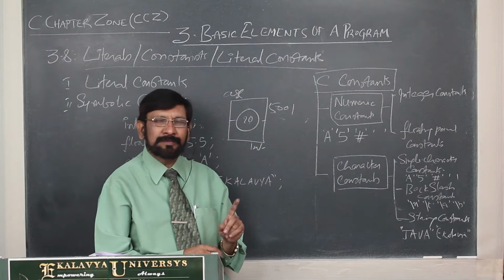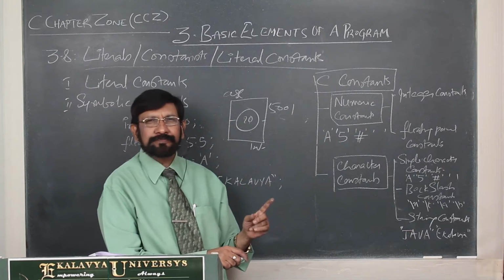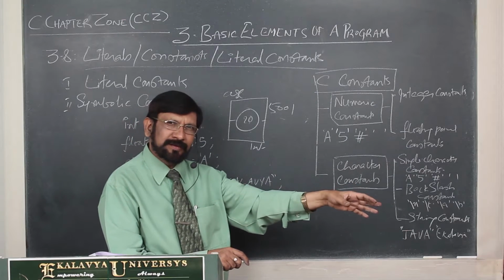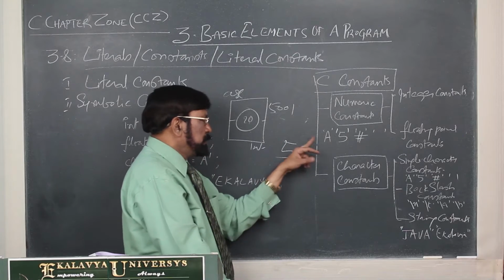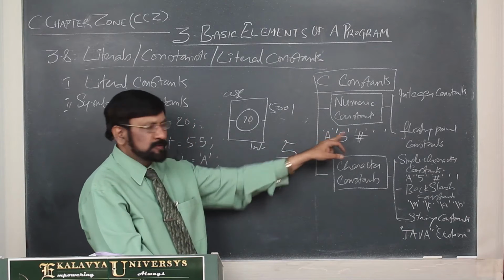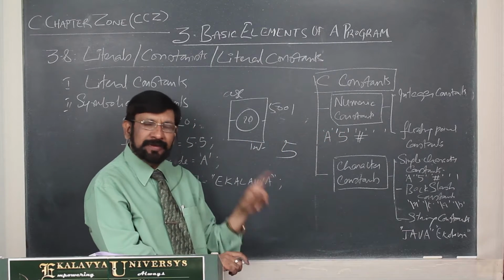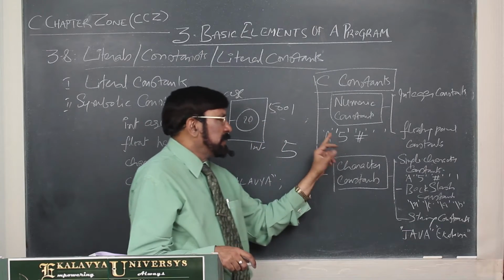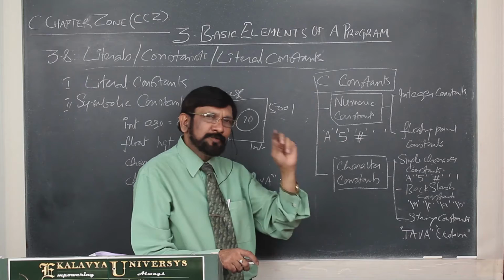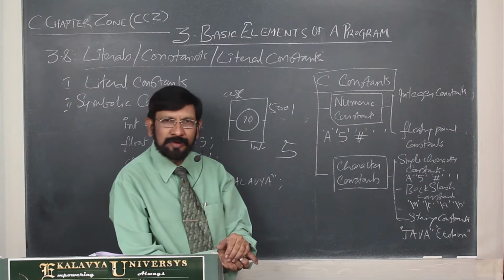Actually one thing I am telling you, 5 as a symbol is different, 5 as a value is different. If you don't enclose it with single quotes, it is a value, an integer constant, it represents value 5. Otherwise it represents the 5 symbol. That point you have to remember.